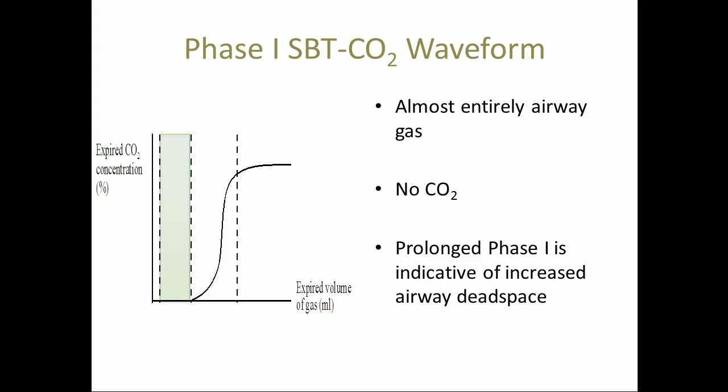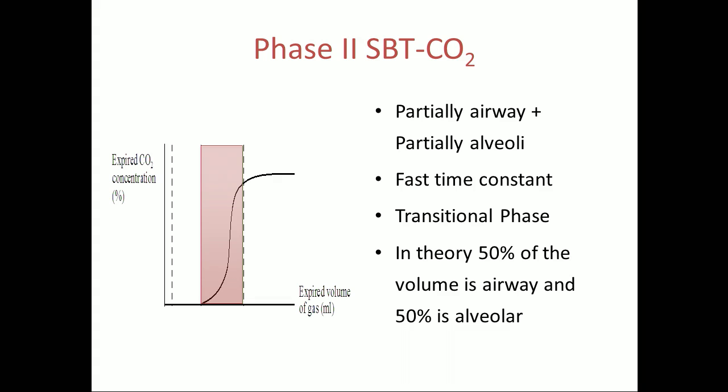If you've got a prolonged phase, that normally suggests you've probably got a large volume of anatomical dead space or airway dead space. And that's very easy to look at, because all you have to do is map where your phase 2 starts. The point where your phase 2 starts is the volume of which you've got true dead space.